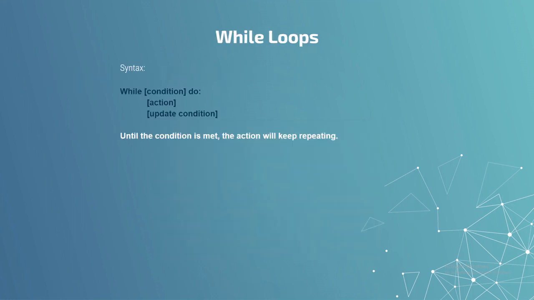Now this segues perfectly into our first type of loop, a while loop. A while loop specifically states that while a condition is true, do an action. And usually in the while loop, you update the condition as well. A key thing to note is that until the condition is met, the while loop will keep repeating. That means it is imperative that you update the condition during the loop.